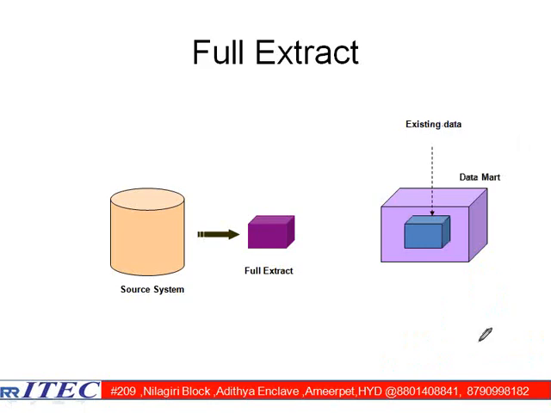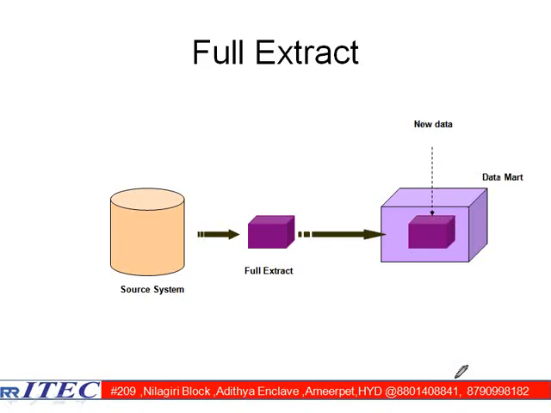See, observe carefully now. I have some existing data here with this color. Whenever I am doing a full extract, closely observe the diagram. What is happening, sir? Whatever data is available in the target, the entire data is overridden.